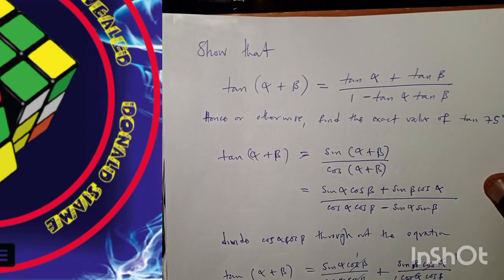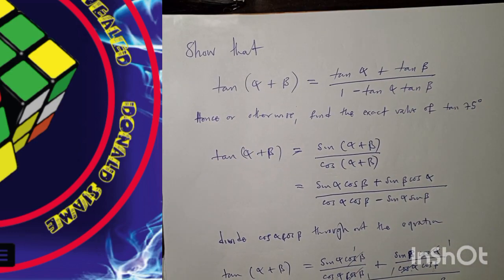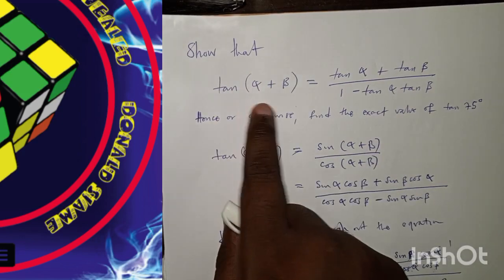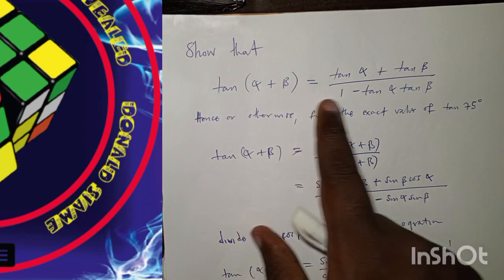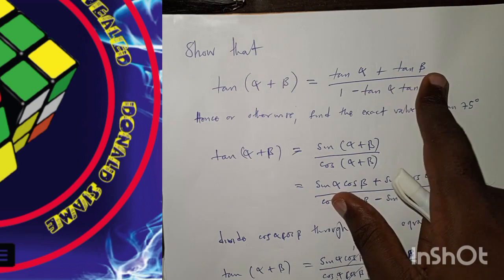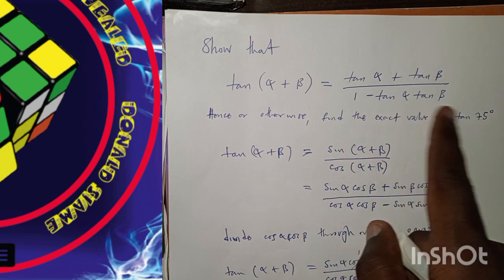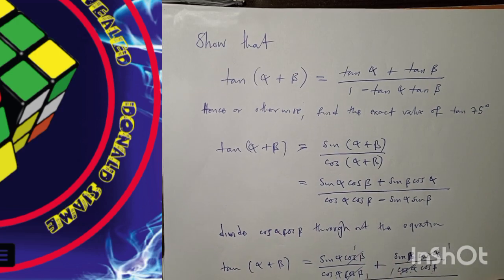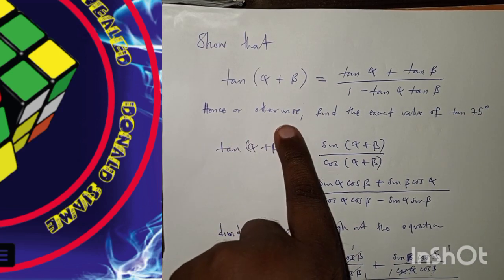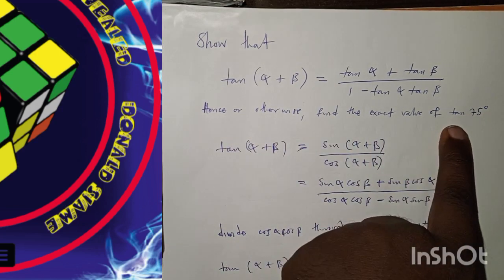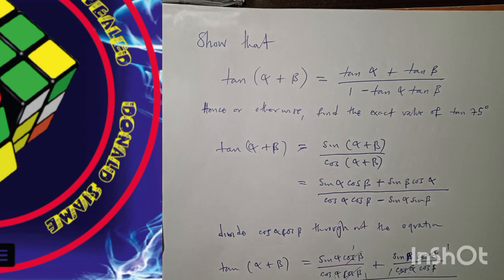Okay, and what is the next question from this? So it shows that tan alpha plus beta is equal to tan alpha plus tan beta over 1 minus tan alpha tan beta. Okay, hence or otherwise find the exact value of tan 75 degrees.